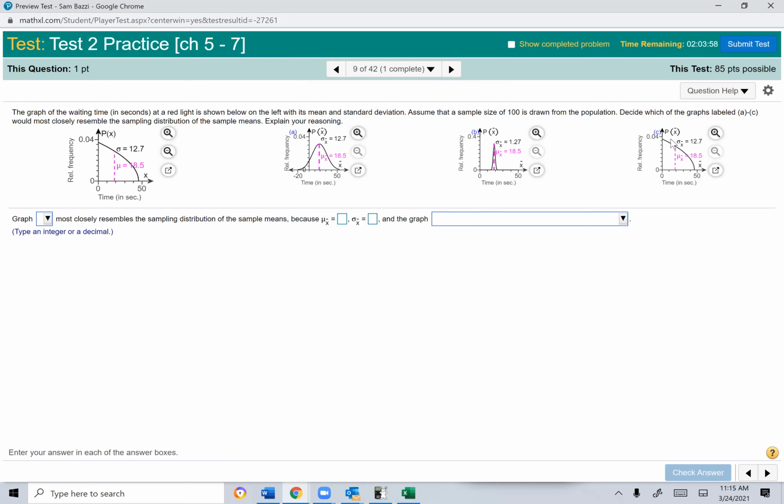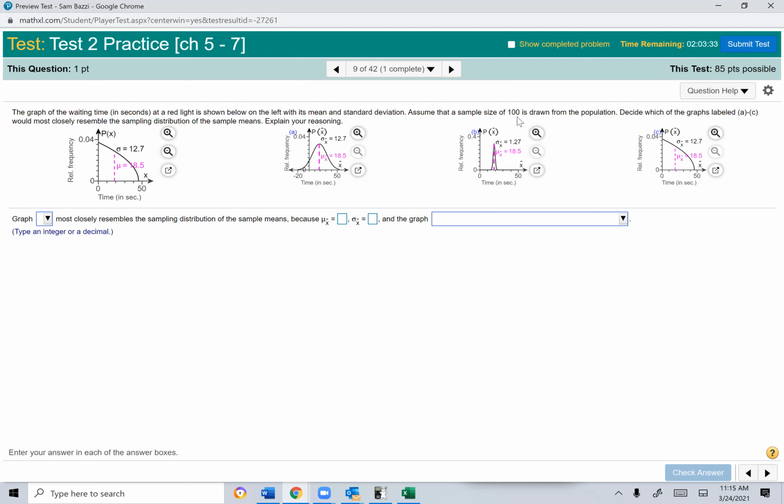What do you notice about the three? Is it bell-shaped? Right here, C. It's not bell-shaped. Well, we know the sampling distribution must be bell-shaped. So it's between A and B. What's the standard deviation of A? 12.7. It is the same. It can't be the same. It has to be 12.7 divided by square root of n, which is square root of 100.